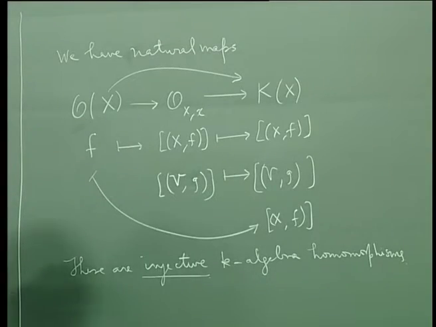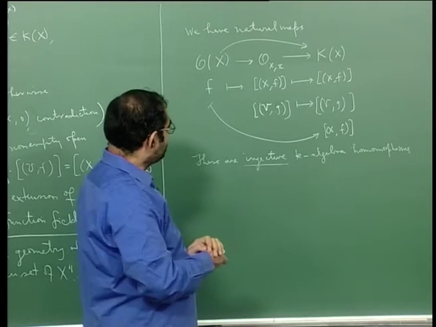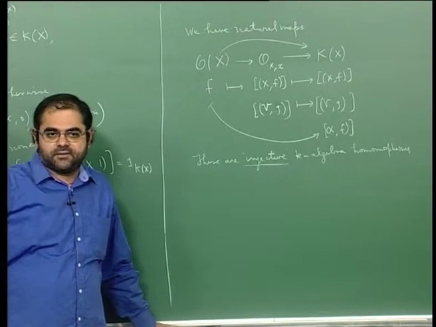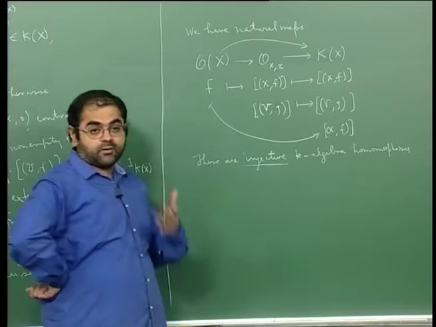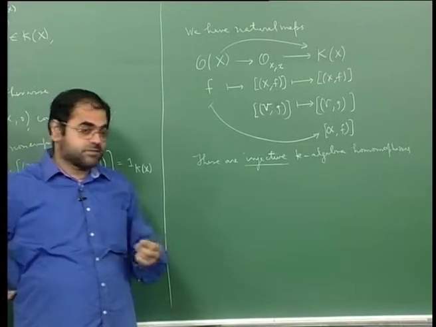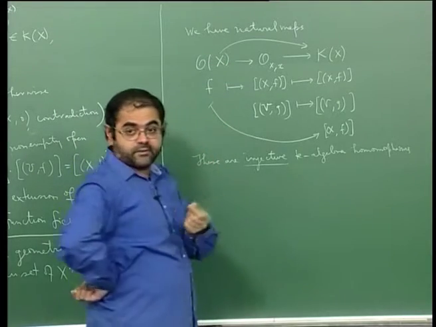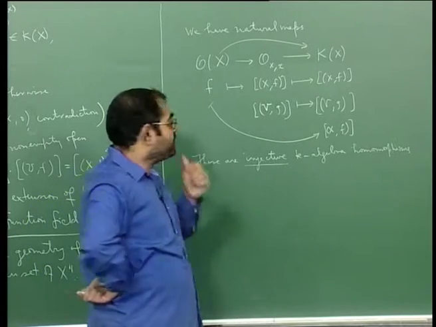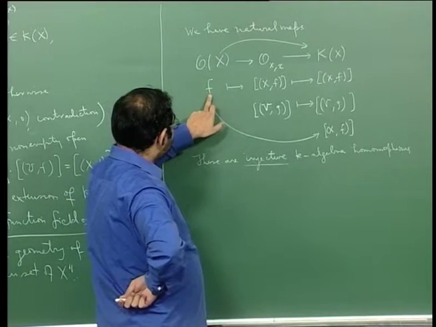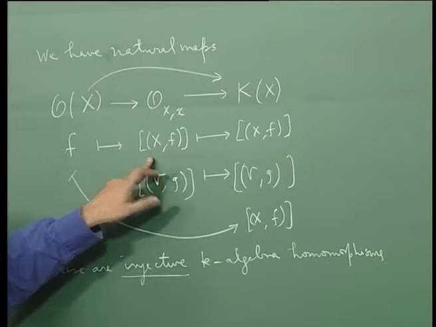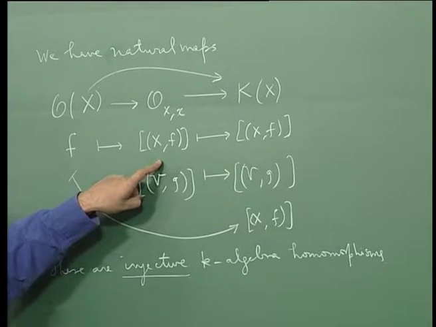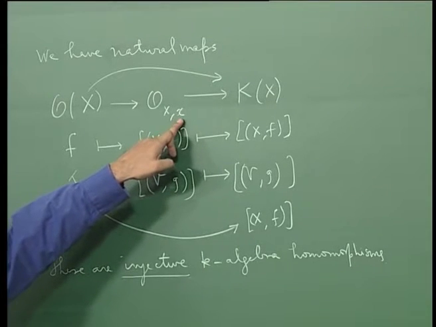So the injectivity comes like this. That's also something that uses again the fact that if two regular functions are equal on an open set, then they are equal everywhere. Of course that open set has to be a non-empty open set, because you need points to test whether two functions are equal. You can see why this is injective, because if [x, f] is 0, then it means that f vanishes in a neighborhood of small x.